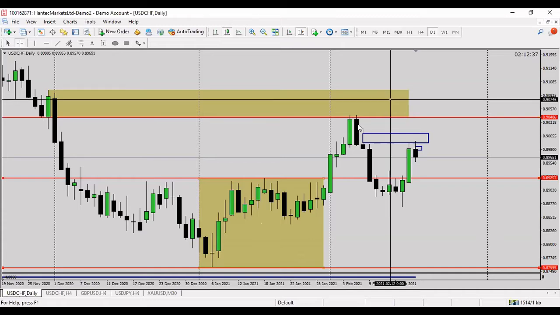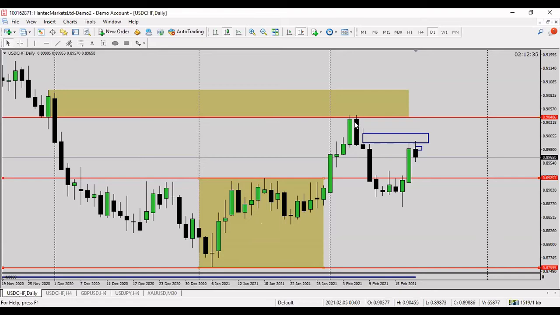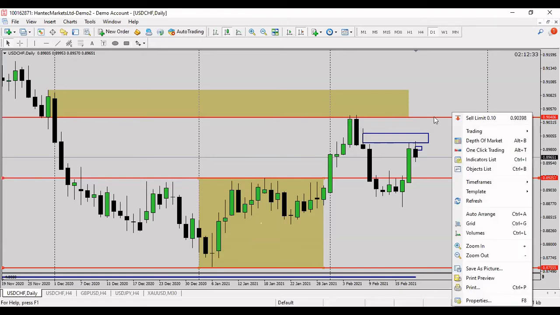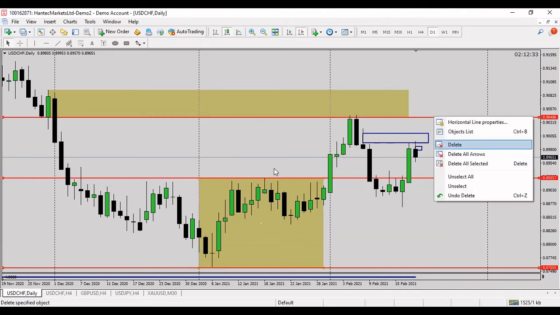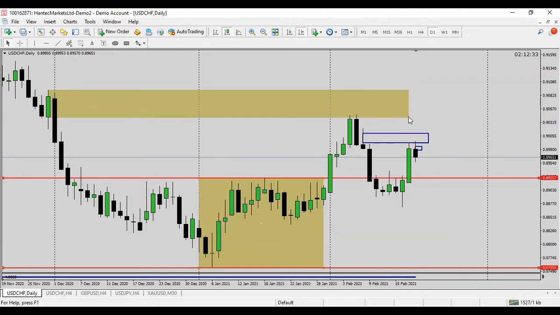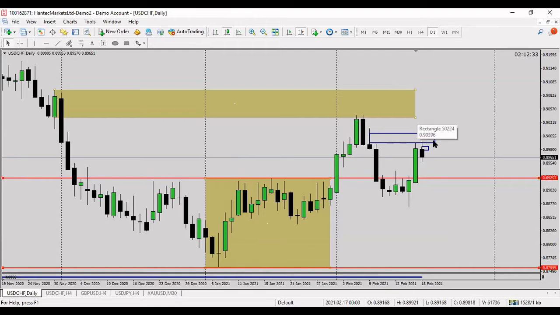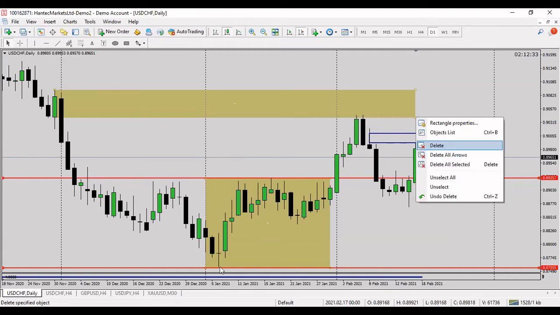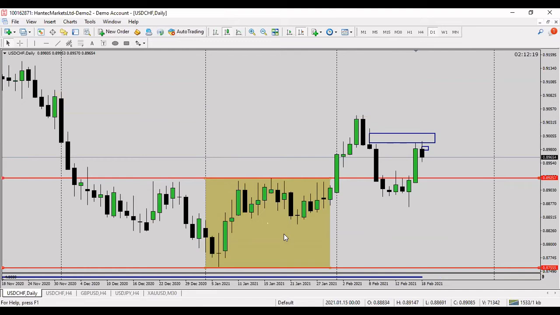So imagine entering this trade at this very position. That's a very good setup, a very good entry, and that is very good money. Okay. So like I was saying, these highs are acting as resistance and the lows are acting as support, more or less.